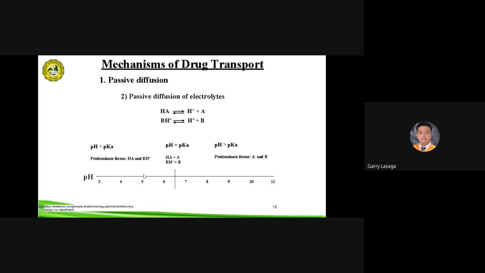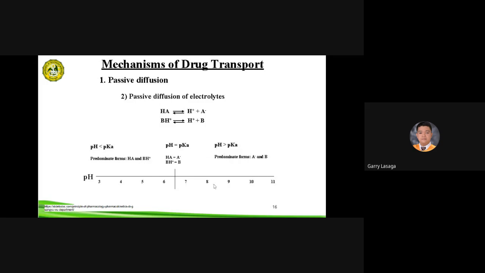Since the unionized form of the weak acid predominates in this environment, it will be absorbed. Since the protonated form of the weak base predominates in this environment, the weak base will not be absorbed.